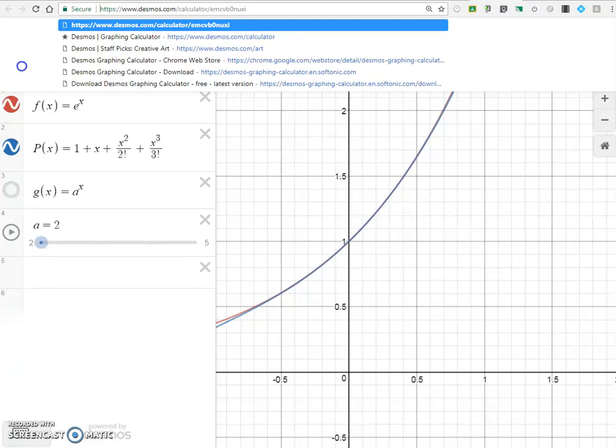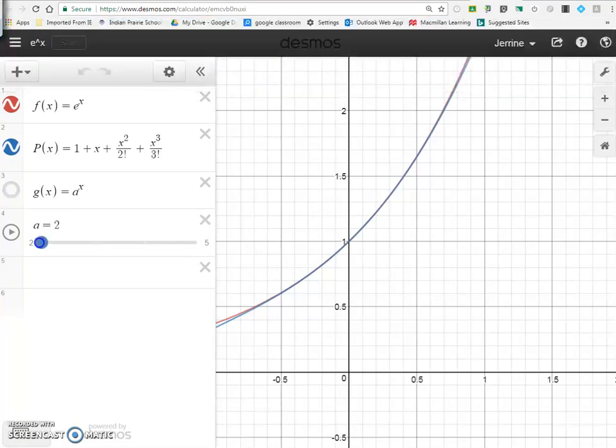But when we look at this function, e to the x, we can see that it's increasing on that entire interval. So what I've done is I've taken a look at comparing it to another exponential function, and I'm going to look at several different bases until I have something reasonable.